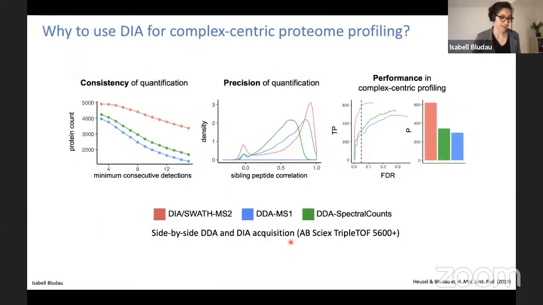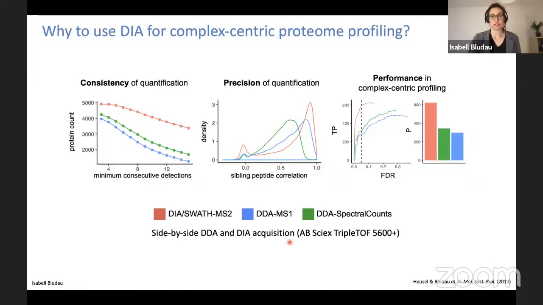So before I conclude this part on SEC-SWATH-MS, I would like to highlight one question or answer one question of why we actually want to use DIA for complex-centric proteome profiling. And the simple answer is that we both get more consistent identification and also quantification.